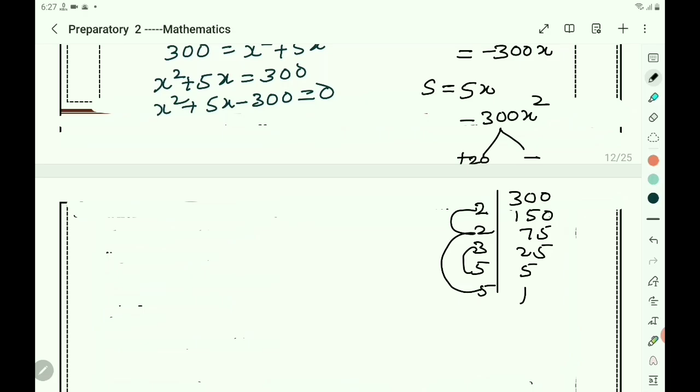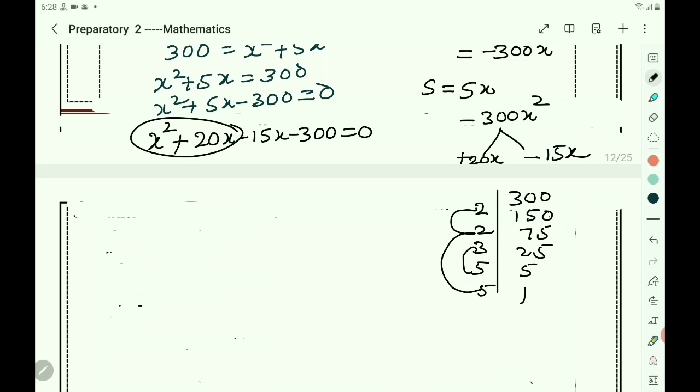Then you will get 20x minus 15x. Then you write x square as it is, plus 5x as 20x minus 15x, and write this minus 300 equals 0.